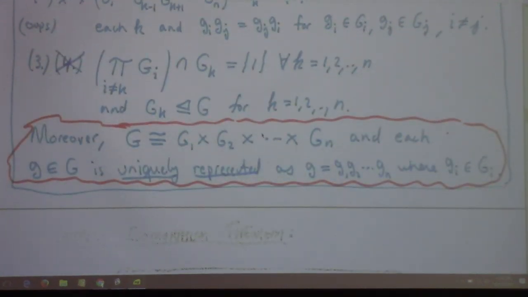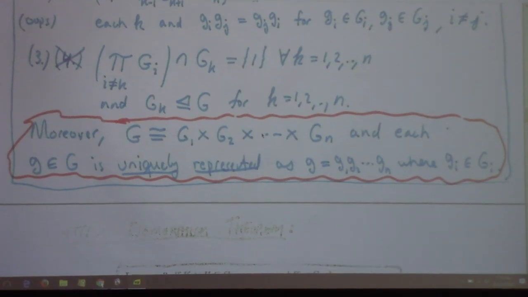And then ultimately, the result here being that G is isomorphic to the direct product of these unconnected subgroups, and any group element has a unique representation as a product of things from these factors.